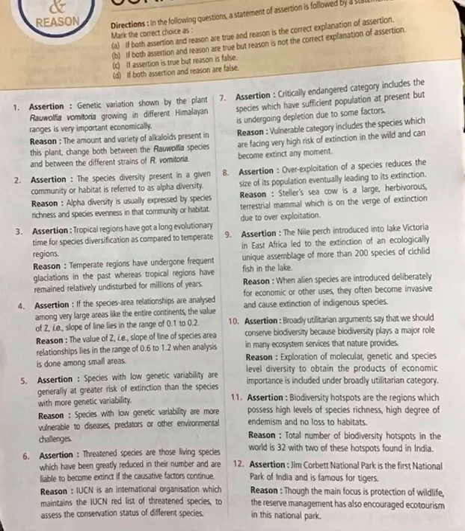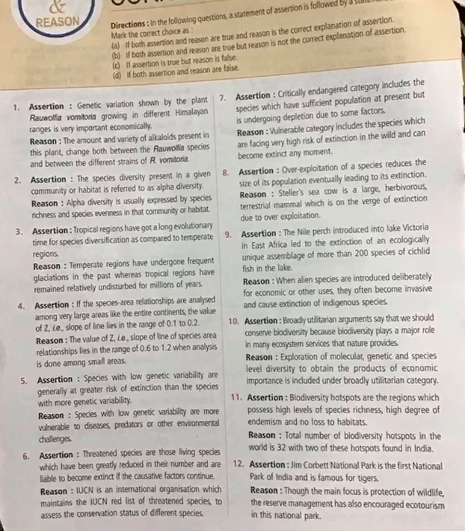A, if both assertion and reasoning are true, and reason is the correct explanation of assertion. B, if both assertion and reason are true, but reason is not the correct explanation of assertion. C, if assertion is true, but reason is false. And D, if both assertion and reason are false.